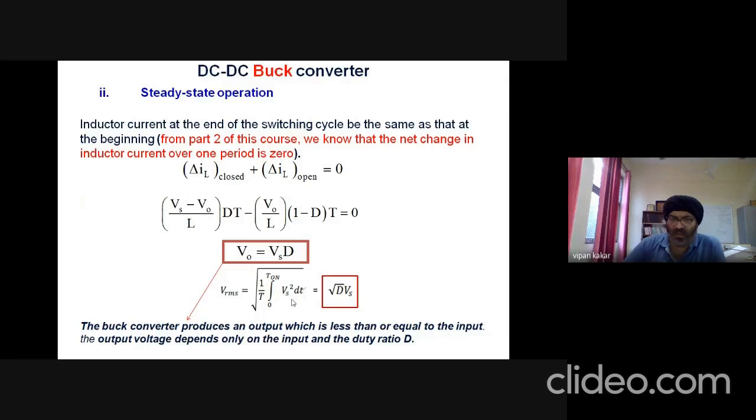So again, the same thing: supply voltage square, taking the mean from 0 to T on, the turn on time, divided by the total time period, because during turn off time the switch is off. Then taking the square root, we get root D multiplied by Vs. So here it was D multiplied by Vs, and RMS is a little bit higher value, root D multiplied by Vs. So these two formulas you have to remember. For the buck converter, output voltage is always less than the supply voltage.